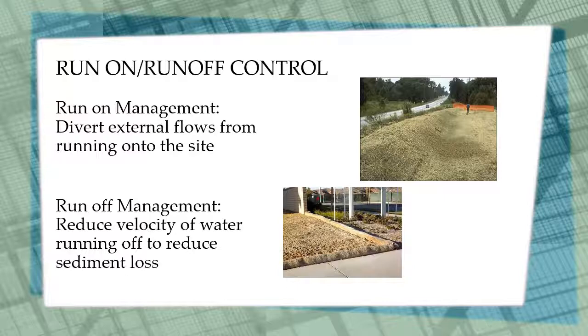Conversely, on the downhill side or downstream side of the site, see what's below it that could be affected by runoff. If necessary, let the contractor know that they need to put in some sort of containment to try and keep sediment-laden flows from running off onto someone else's property or into a storm drain.